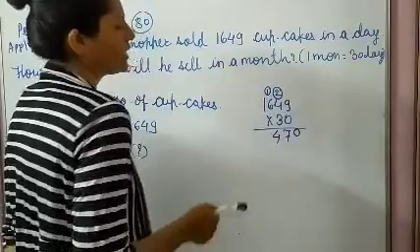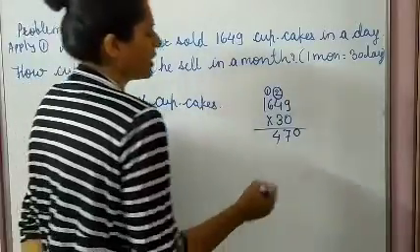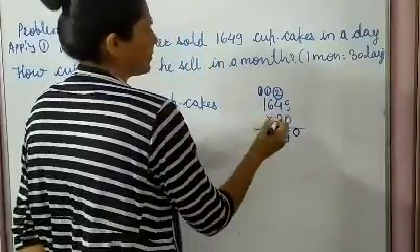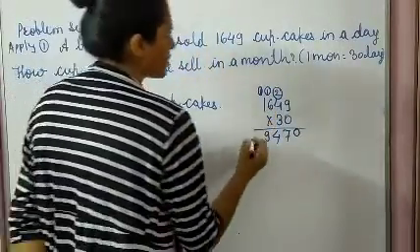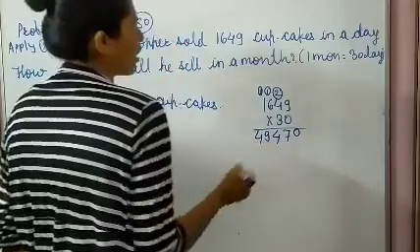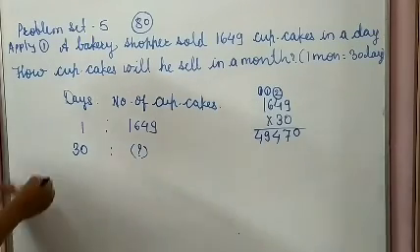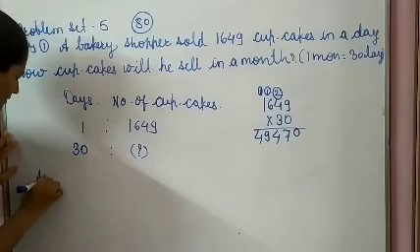Now 6 3s are 18. 18 plus 1 is 19. 9 is here. Again 1 will be carry. 3 1s are 3, and plus 1 is 4. So how many cupcakes will he sell in a month? 49,470. So the final answer is right here.